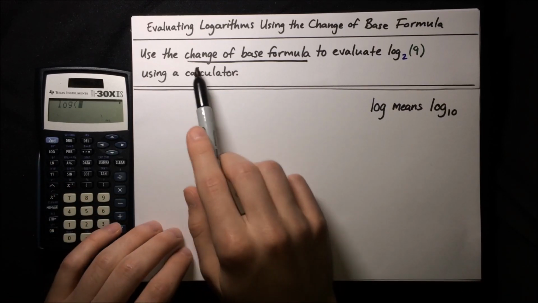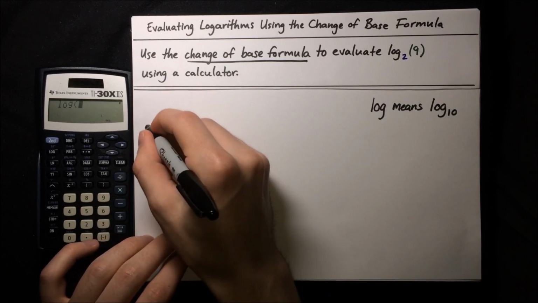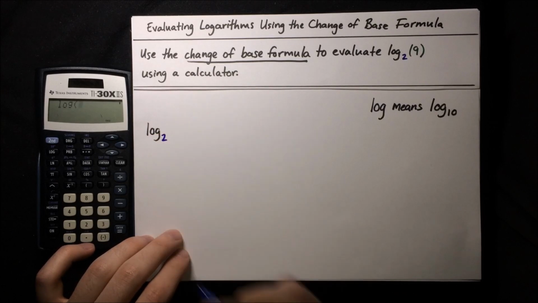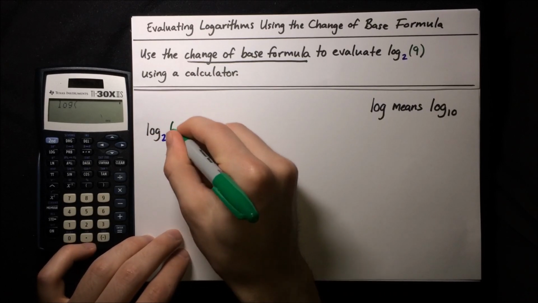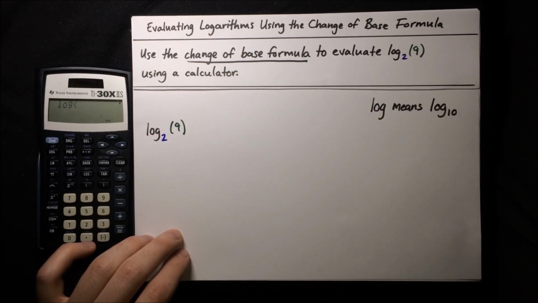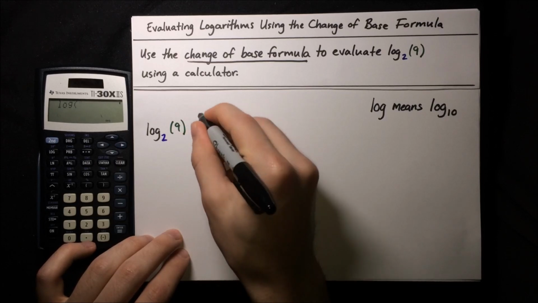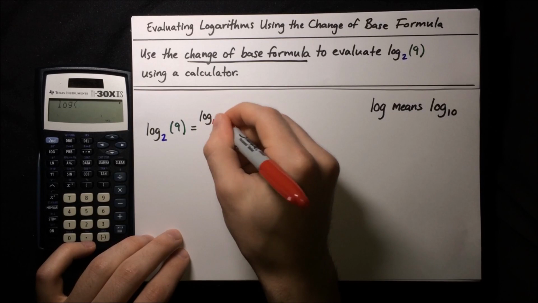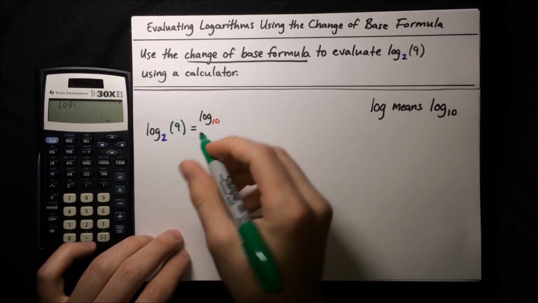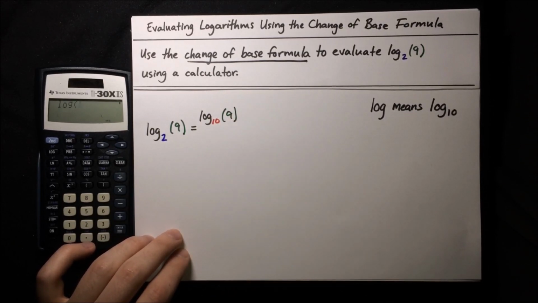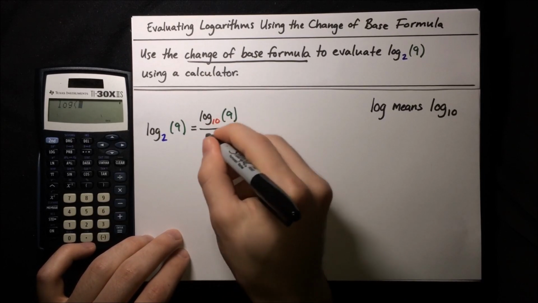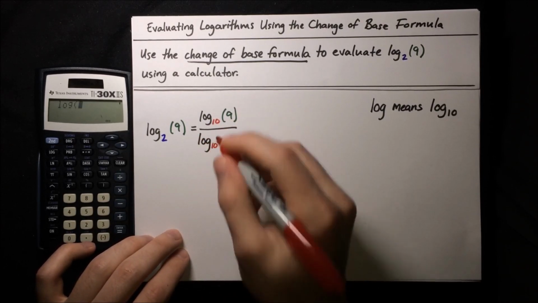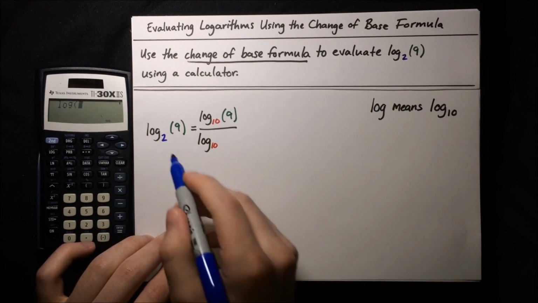So let's just use the change of base formula to do this. Log base 2 of 9, using the change of base formula, we can write that as log base 10 of the argument to the original log, 9, divided by log base 10, gotta use the same base here, base 10, of the original base of the logarithm, which was 2.